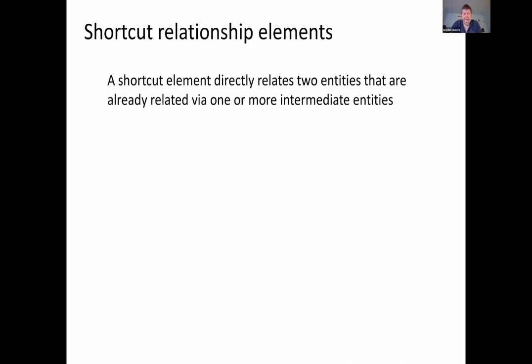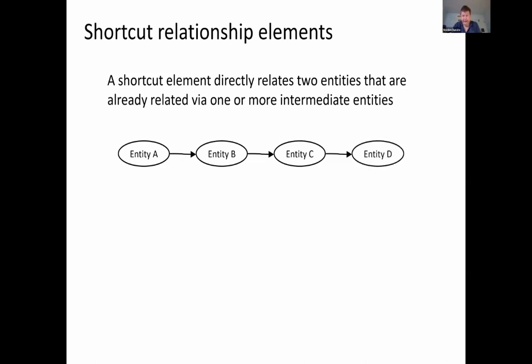Shortcut relationships are very useful in implementing with legacy elements. A shortcut element directly relates two entities that are already related via one or more intermediate entities. So we can have a chain of relationships between four entities here. They're related in a chain like this. The relationships between each pair of entities can be completely different, but a shortcut basically replaces all the intermediary relationships and entities with a single direct relationship between the first entity and the last entity in the chain.